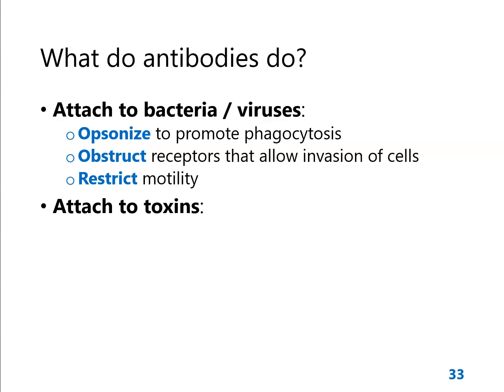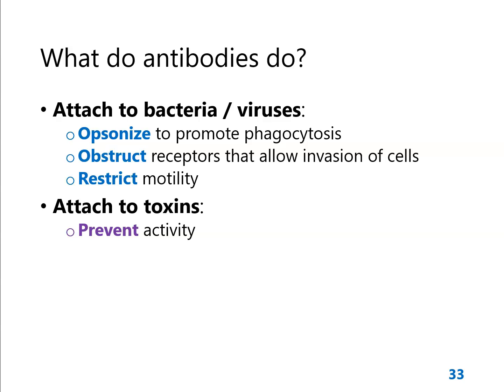When it comes to things like protein toxins, like the tetanus toxin, that's the best example. The tetanus toxin is a protein. It's a protein that does things to our neurons. And if it's coated with antibody proteins, it cannot bind to its normal receptors.